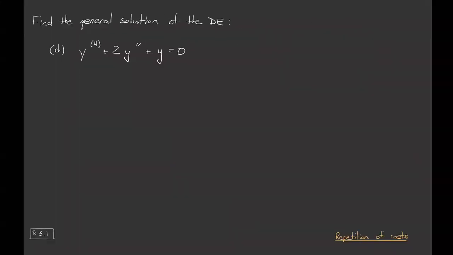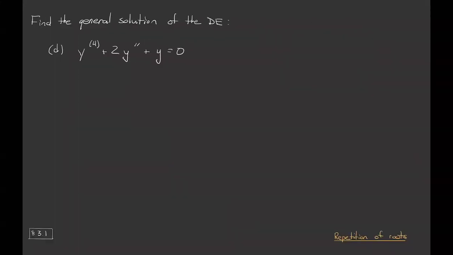All right, next one. Now we have fourth order, but that's fine. As long as it's linear constant coefficient homogeneous, we can use this characteristic polynomial method. The characteristic polynomial is going to be r to the fourth plus 2r squared plus 1.